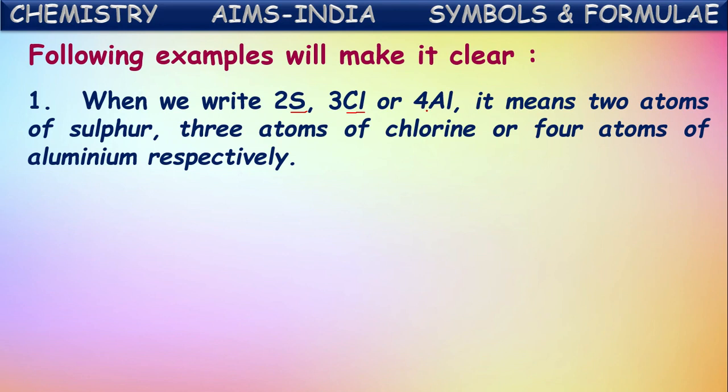In a similar way, four atoms of aluminium. Okay, in this way, if a number is written before the symbol of an element or the symbol of a molecule or formula, that represents the total number of atoms or the total number of molecules.